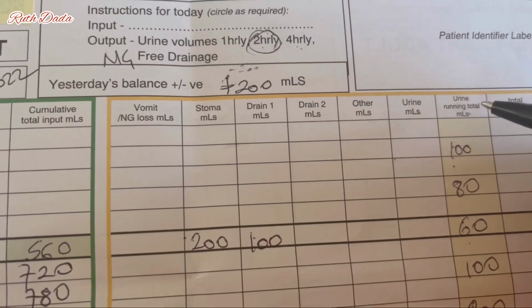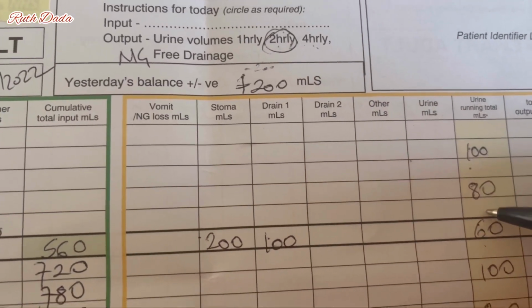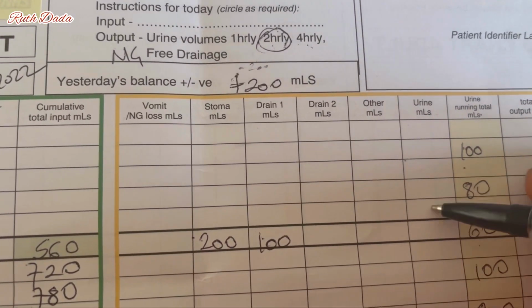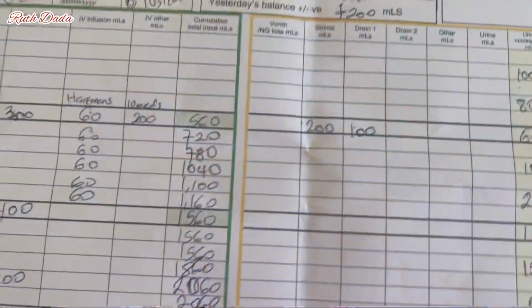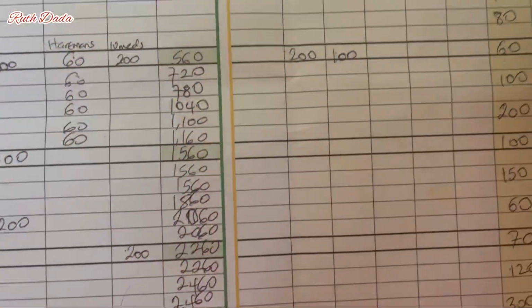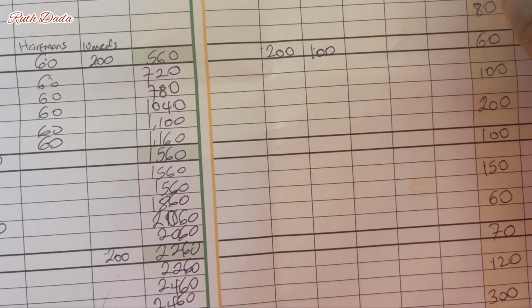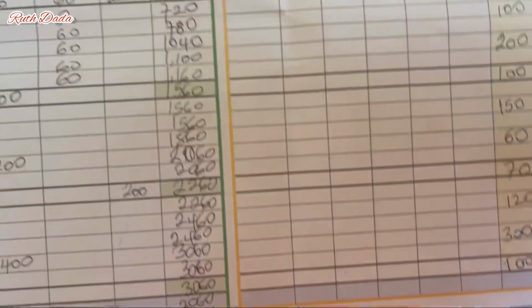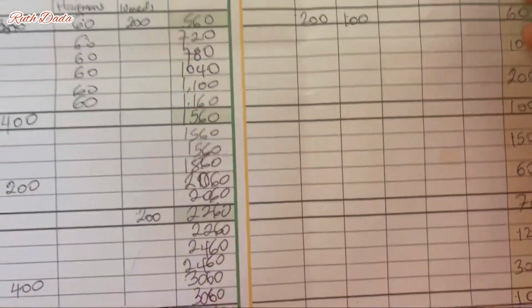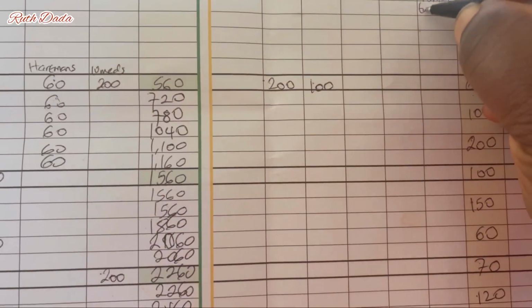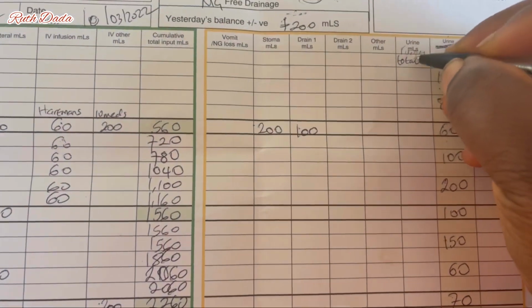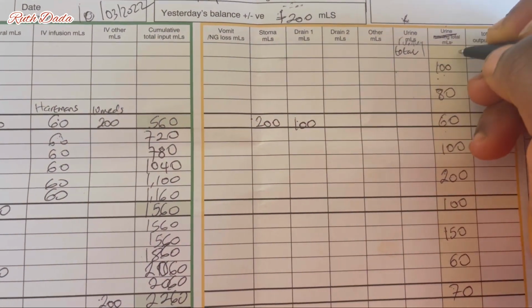The running total is supposed to be on this point, so this should be here. This one should be my urine, and I'll make this one my running total. So this is my urine running total.